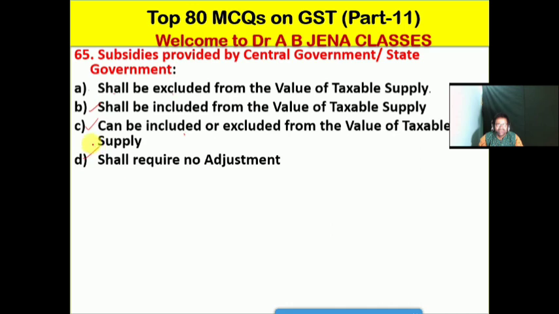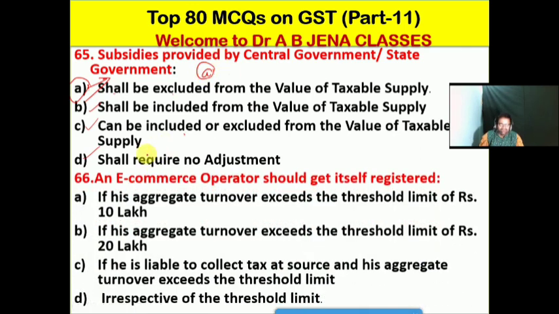D, shall require no adjustment. Friends, so A is the right option for this MCQ. Subsidies provided by the central government or the state government shall be excluded from the value of a taxable supply. Friends, so A is the right option for this MCQ.